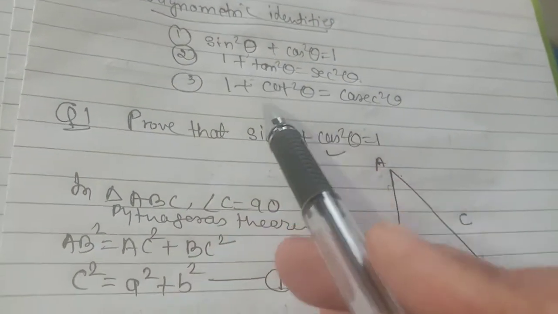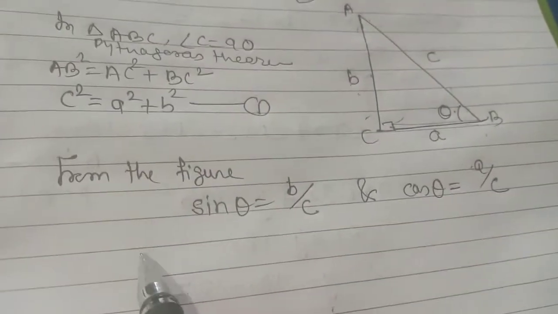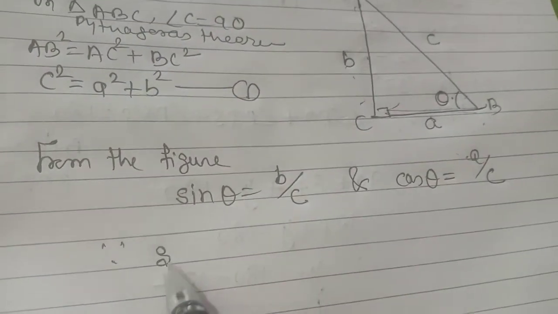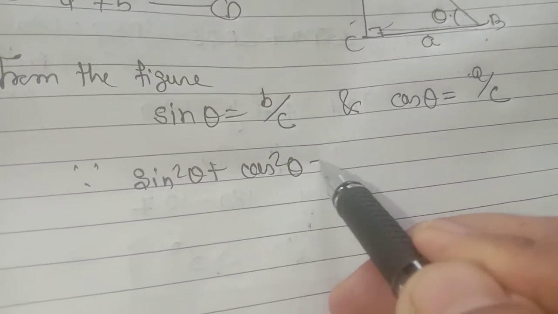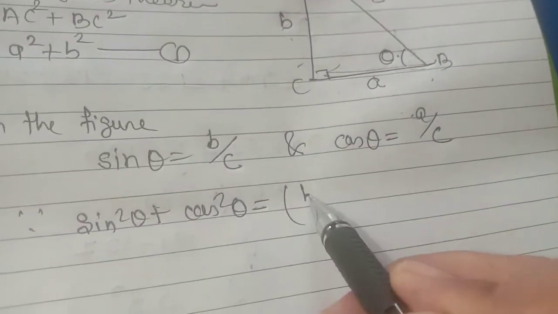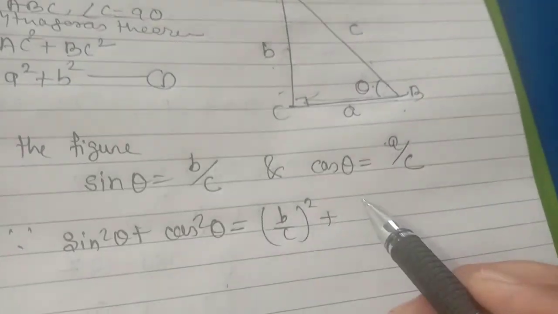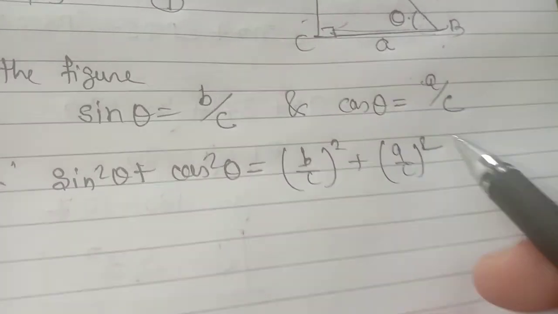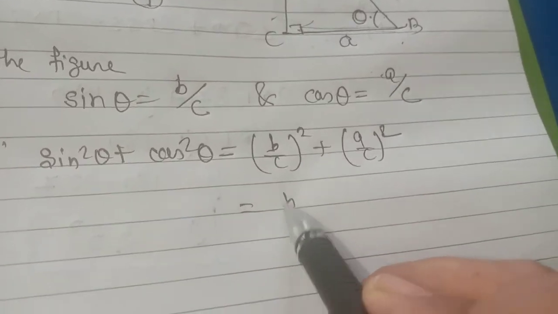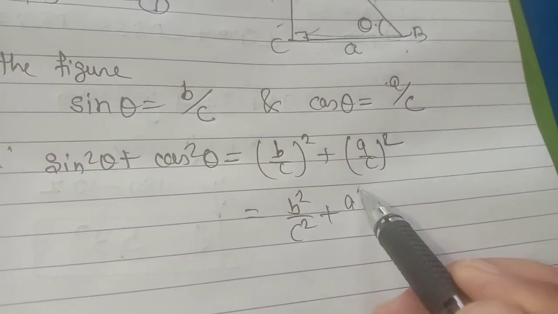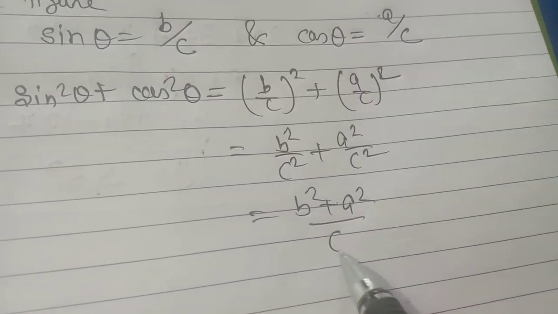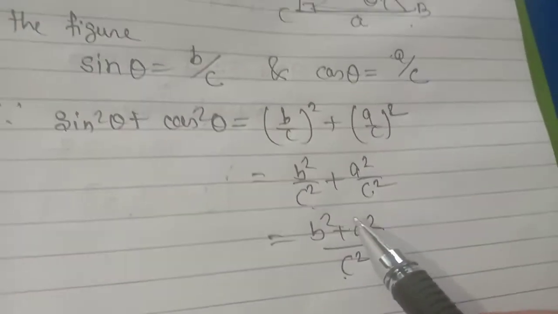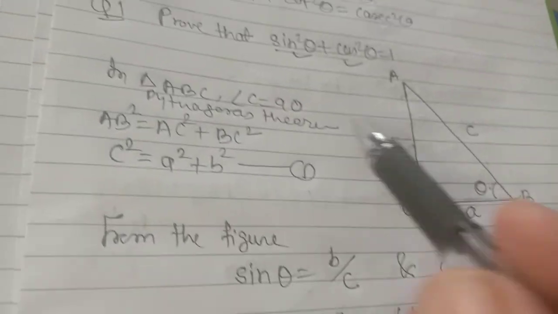Okay. Now what is left hand side? It is sin square theta plus cos square theta. So I will write, since sin square theta plus cos square theta is equal to, the value of sin theta is b by c whole square, cos theta is what? a by c whole square. So then it is b square upon c square plus a square upon c square. So it is b square plus a square upon c square. See, denominator is same. Now what is the value of b square plus a square?